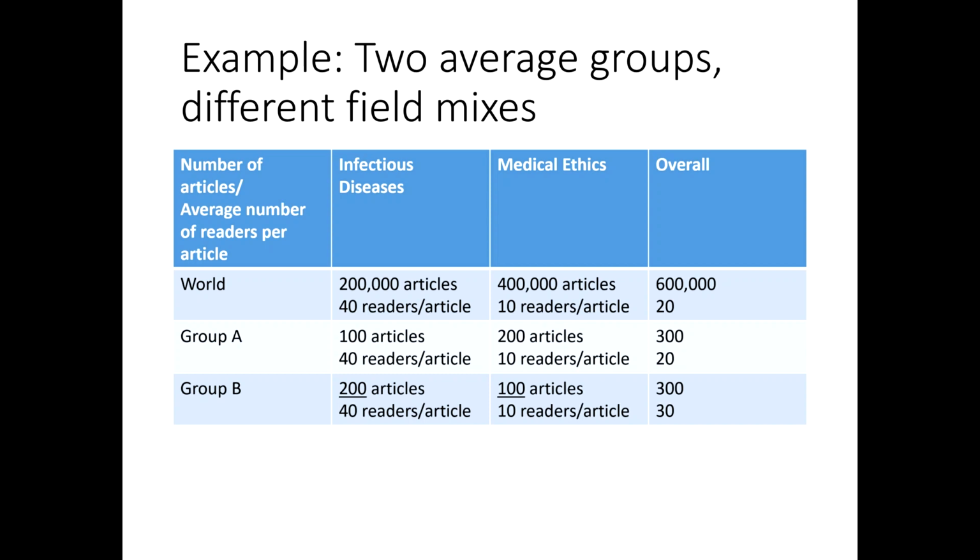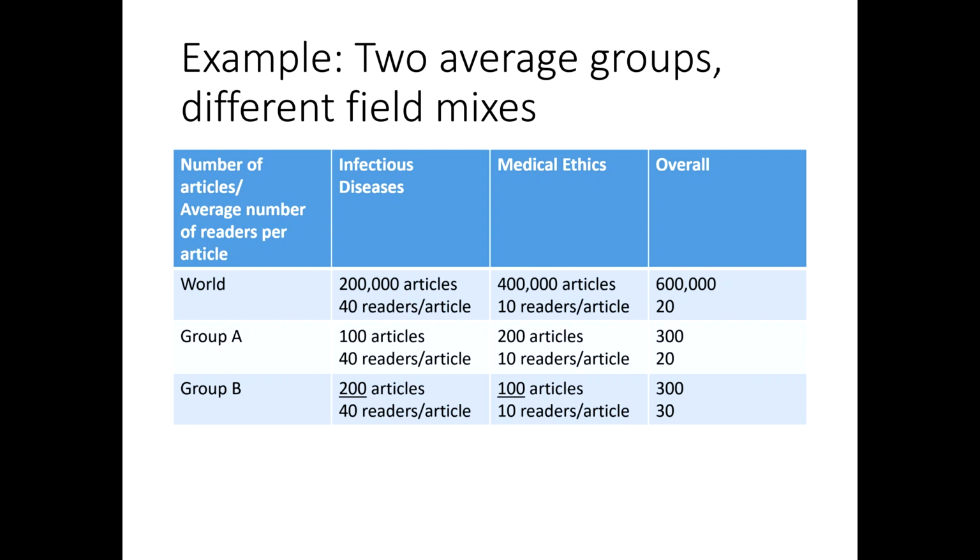But if we take the overall average number of readers per article, for Group A it's 20, the final column, and for Group B it's 30. So the Group B score is 50% higher than the Group A score, despite the fact that both Group A and Group B are exactly average in their fields. And why is this the case?